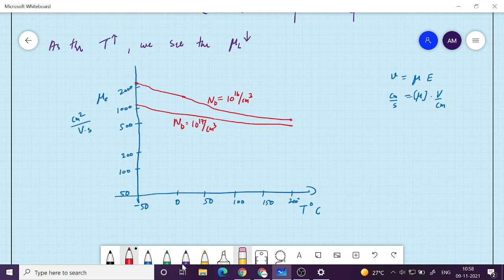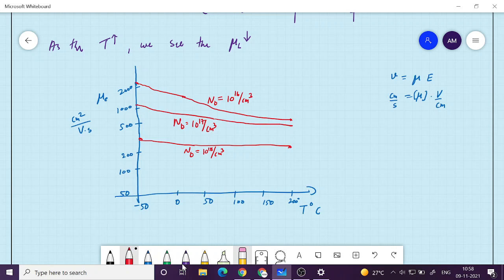So if you go to that level of doping, then what you will see is it further reduces. Okay, so this is donor impurity concentration 10 raised to 18 per centimeter cube. And if I reduce the doping concentration, then it goes upward. So that is quite clear.